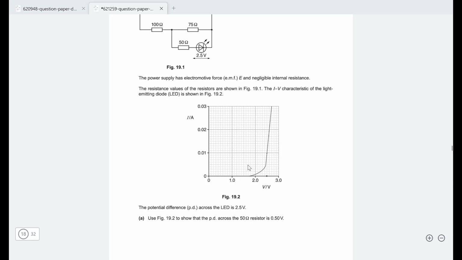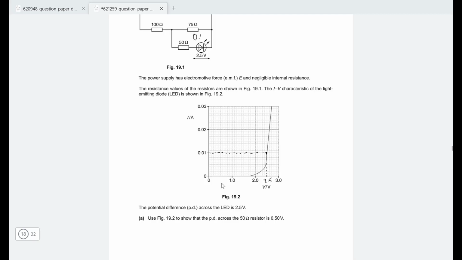Now, this graph will immediately allow us to see what the current is for the LED at 2.5 volts. So at 2.5, which is just here, if we were to go up here, we're going to find that the current is actually 0.01.